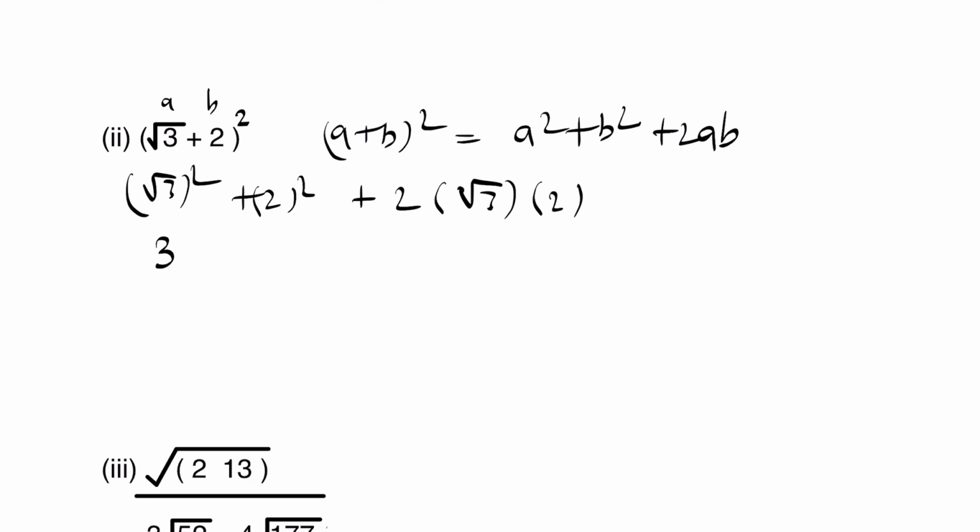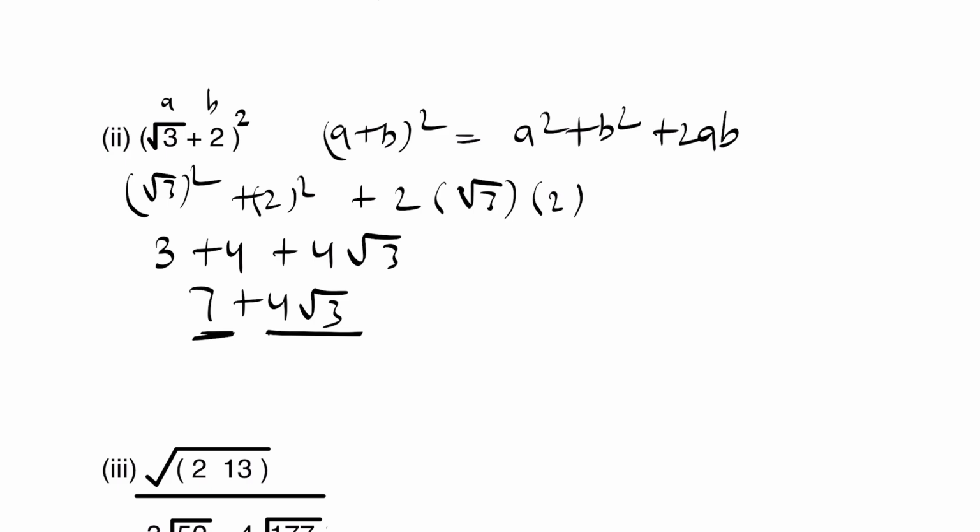So this will become 3 plus 4 plus 4 root 3, which is equal to 7 plus 4 root 3. Now again, this is a rational number, but this is an irrational number. So the sum and product of a rational number and an irrational number is always irrational.